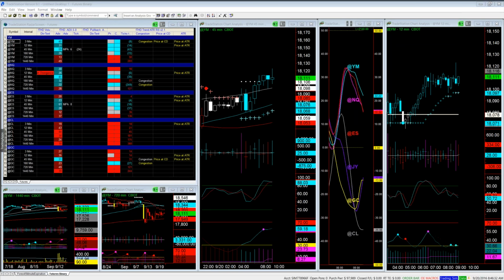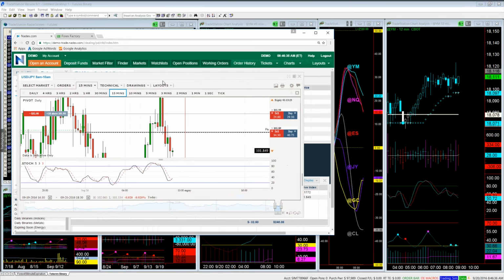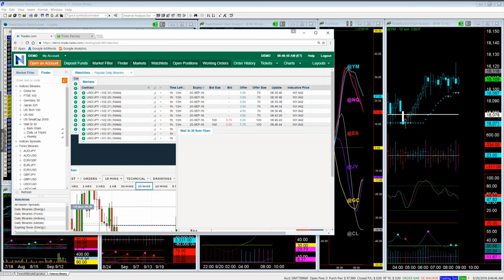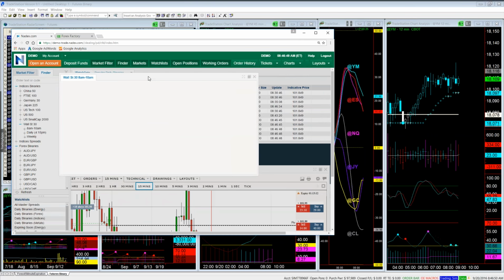All right. Now, it looks like, and I'm trying to work off of all of these screens here, so give me a minute. To me, it looks like the Dow is going to go up at the open. That could be wrong.